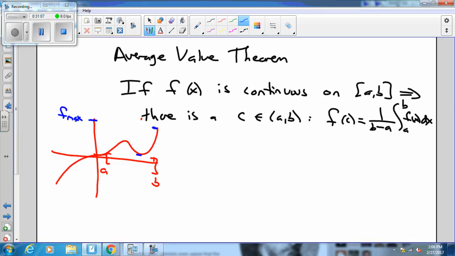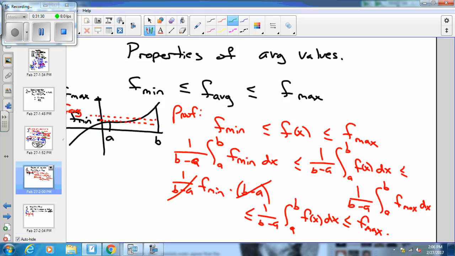That's the extreme value theorem. And somewhere in here, f has to take on its min, also the extreme value theorem. Which means that somewhere in between here, on this interval, f has to take on every value between the max and the min.